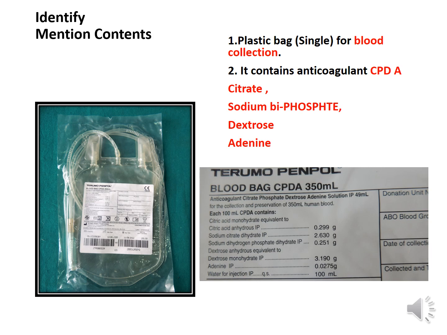The content is CPDA, that is citrate phosphate dextrose adenine. In the label itself it is written, but in examination you fail to concentrate on this aspect. So remember, the blood bag contains anticoagulant CPDA.